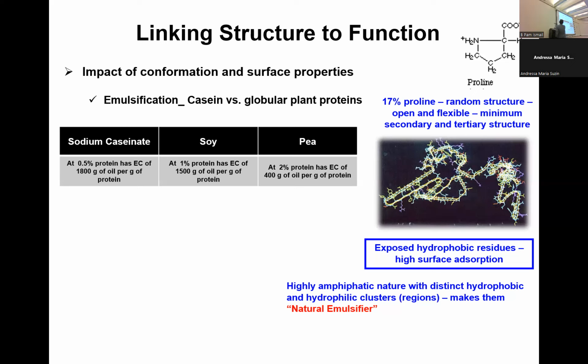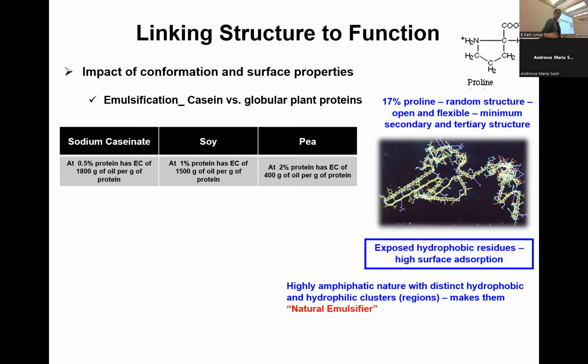So the emulsification capacity for KCD is about 1,800 grams of oil per gram of protein, which is very high. It's the highest that you ever worked with, those of you that did emulsification capacity. And at a relatively low concentration of the protein.